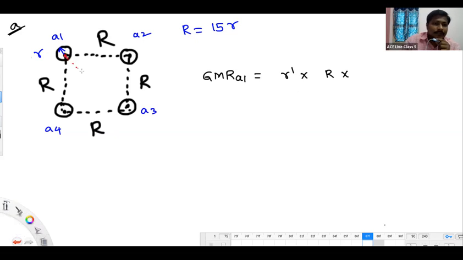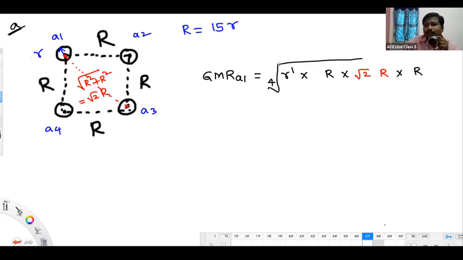This is capital R, so it is root of R square plus R square, which is root 2 times capital R. And A1 to A4 is again capital R. So total 4 terms you have, and you keep them under the 4th root: 4th root of r dash into R into root 2 R into R.